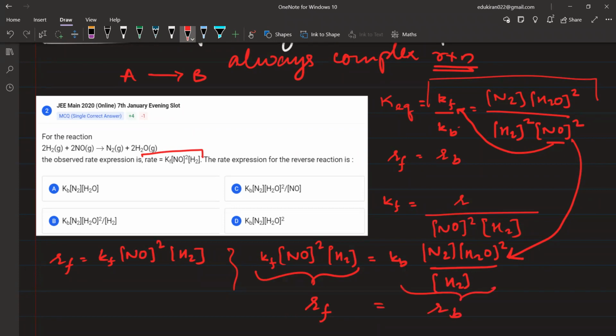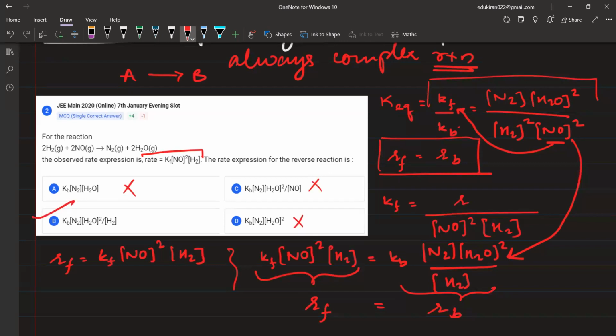Okay, yes, sir. Because at equilibrium, rate of forward reaction is equal to rate of backward reaction. ठीक है? So tell me from this option N2H2O whole square upon H2. Which option is correct? ये तो नहीं सही है. This is also not correct. This is also not correct.